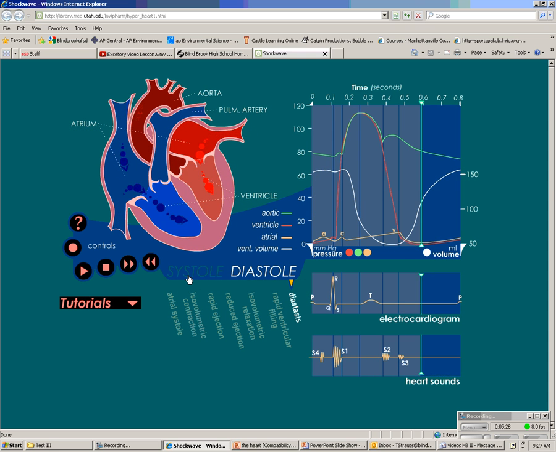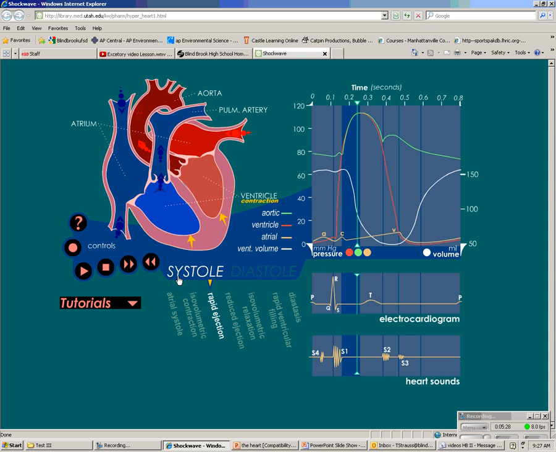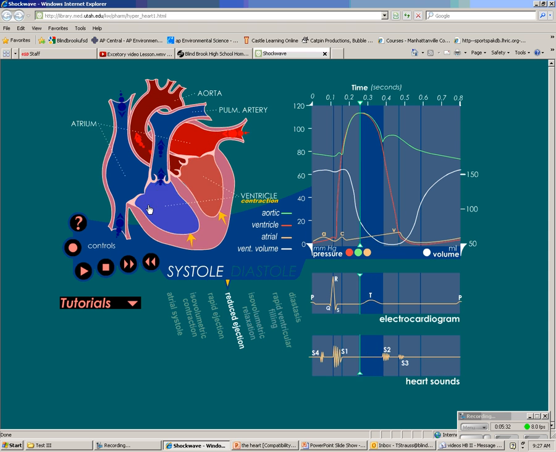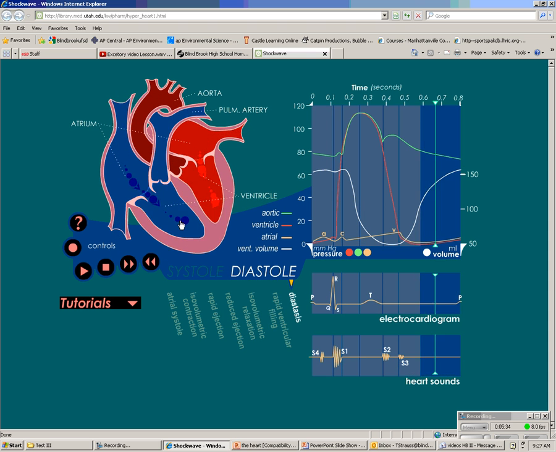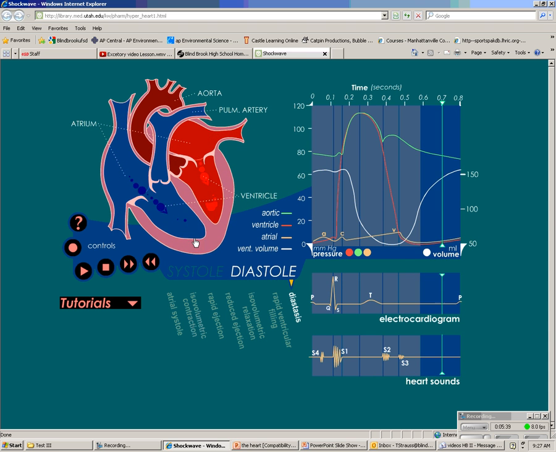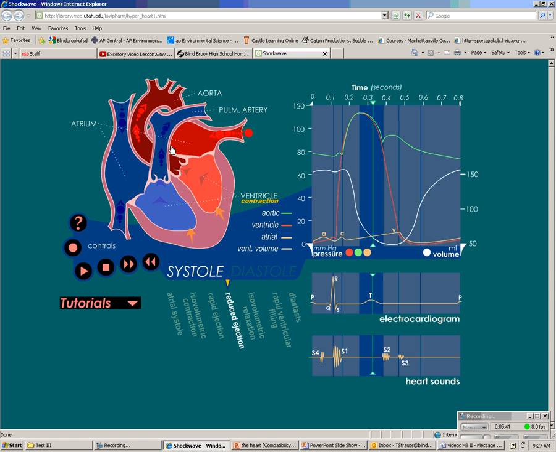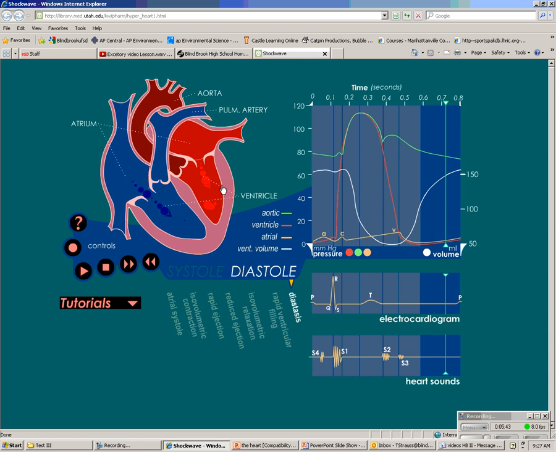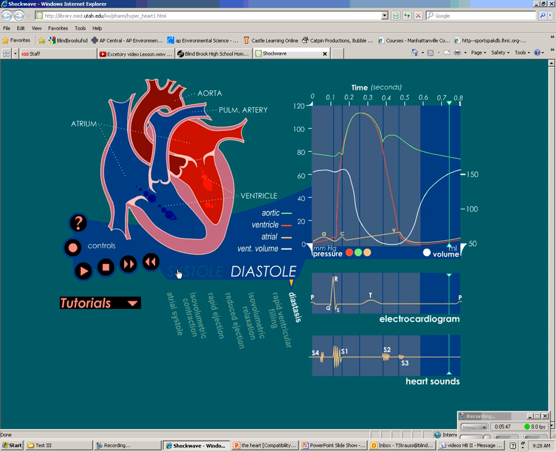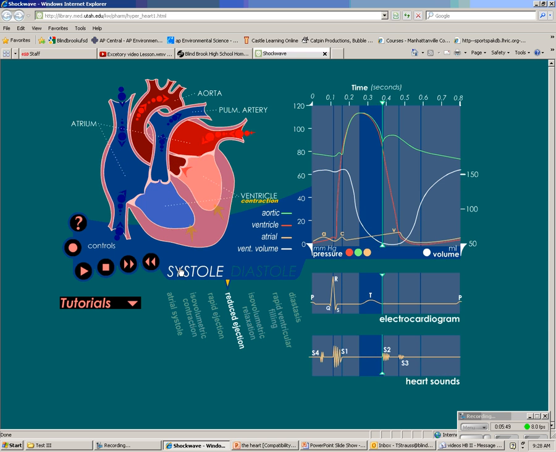And systole is when the atria are filling up and the ventricles squeeze. So as we're pushing the blood from the ventricle into either the pulmonary artery or the aorta, we're undergoing systole, and then when the ventricles fill up, it's the diastole.